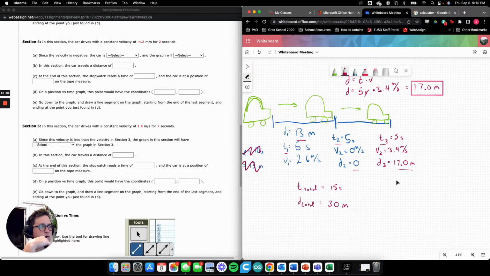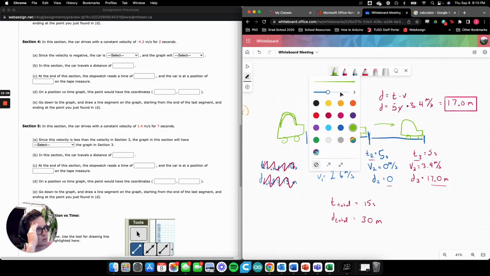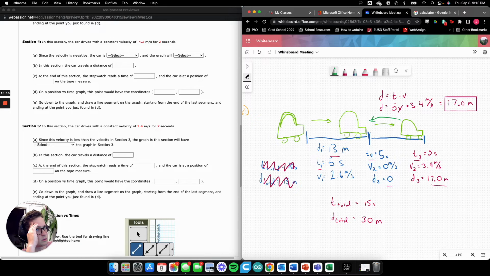Cars moving backwards. So, car puts it in reverse. It ends up back over here. Okay, car reverses.